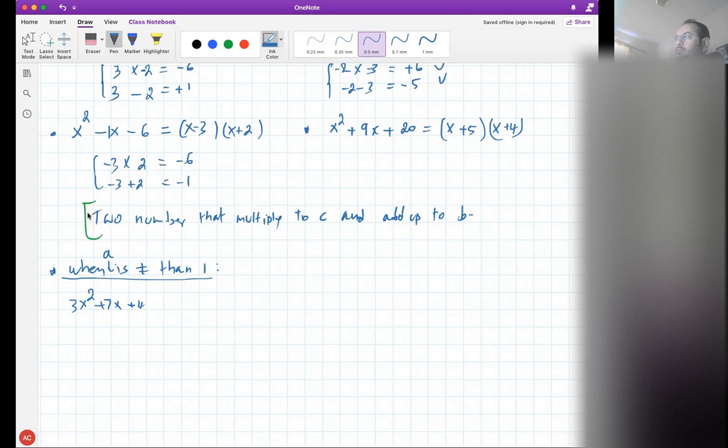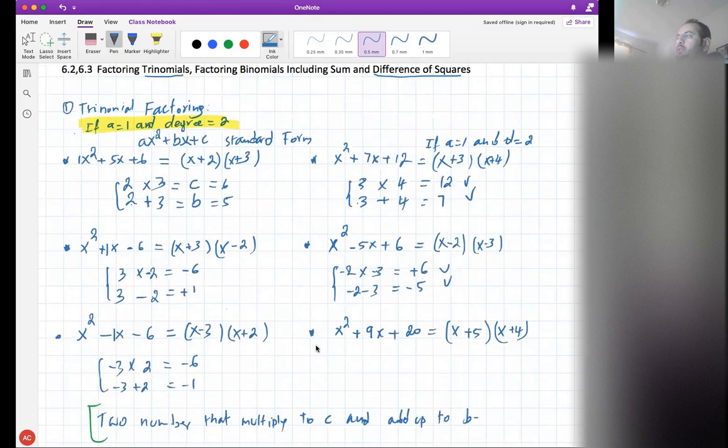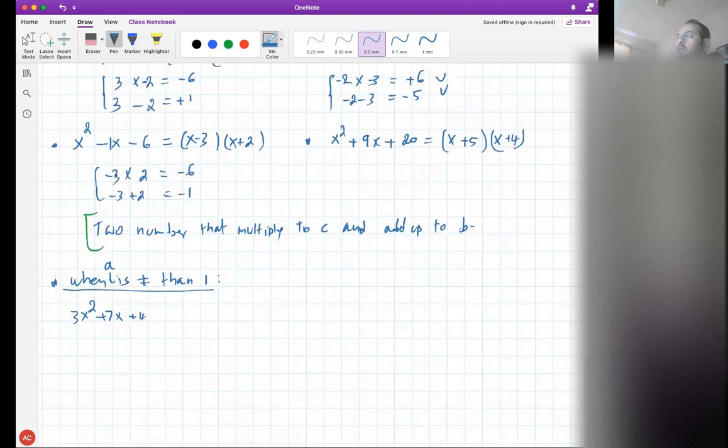So look at this problem again, everybody. Before we apply what we did here, first we check if we have A as 1 and degree 2. If you have 1 here and 2, you can use what we just did. If A is not 1, as here, we're not going to use this right away. This is not going to work.